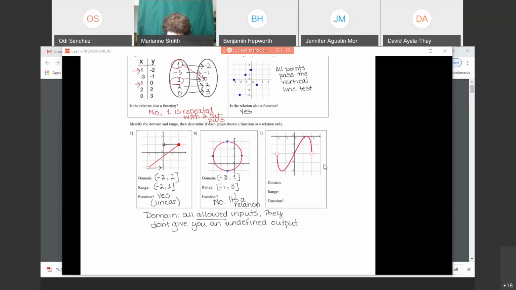So I would kind of say that yes, this is a function. All right, let's see if we can do the domain now. What's the lowest x value and the highest x value? And again, decide whether or not you're including the endpoints. You can type your answers in the chat.